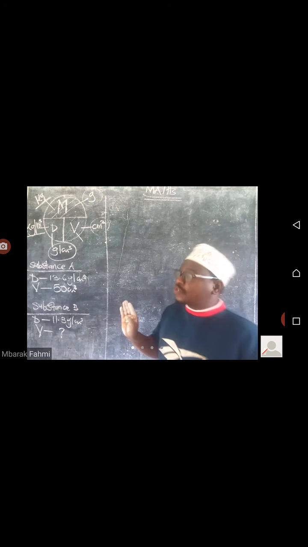Okay. Now, you have to understand this question very well. You are told substance A has a density of 13.6 grams per cubic centimeter, and substance B has a density of 11.3 grams per cubic centimeter. The volume of substance A is 50 cubic centimeters, and the volume of substance B is not known.